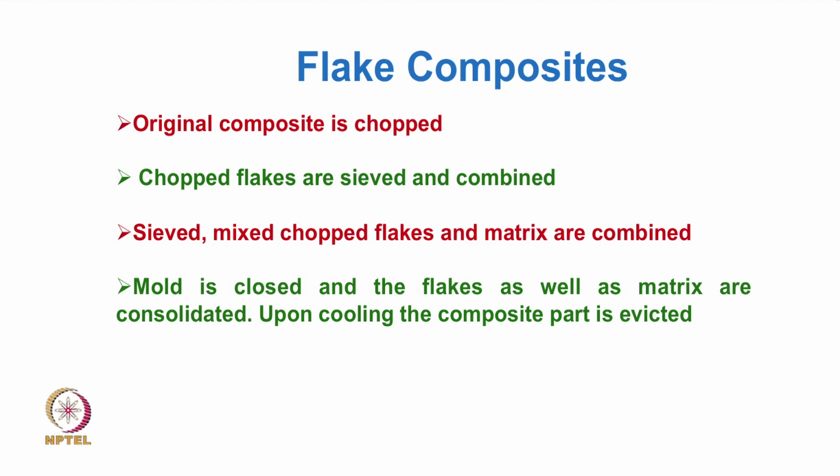The process of composite making from flakes is simple. The process scrap is ground in a grinding device which chips the parent composite into flakes of a broad size distribution.